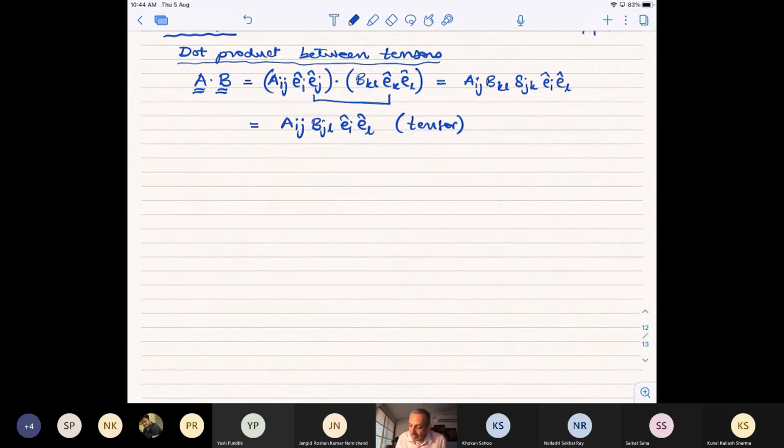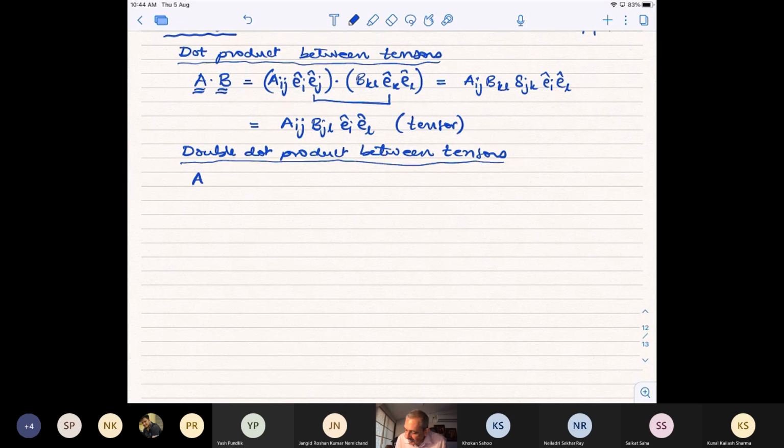Then there is another type of product which is called the double dot product. Again between tensors. This is only defined for tensors. And what does this say?